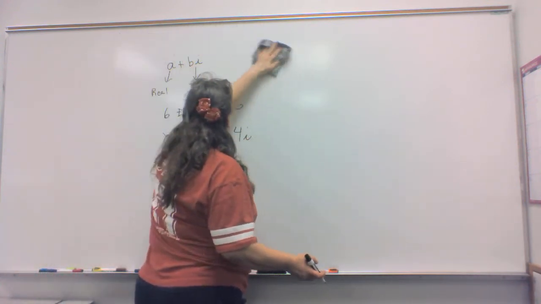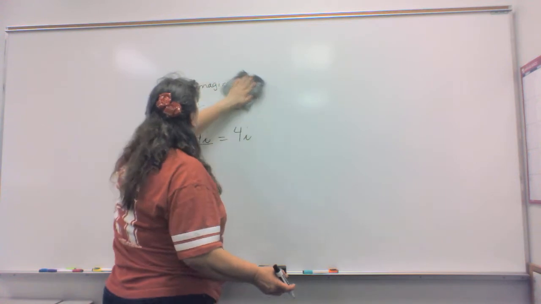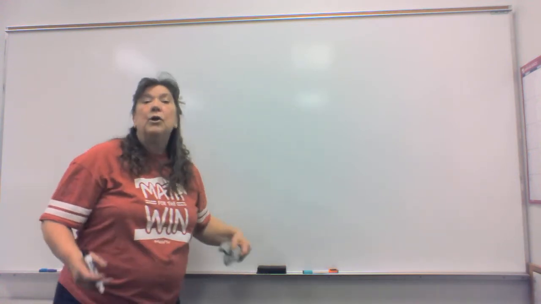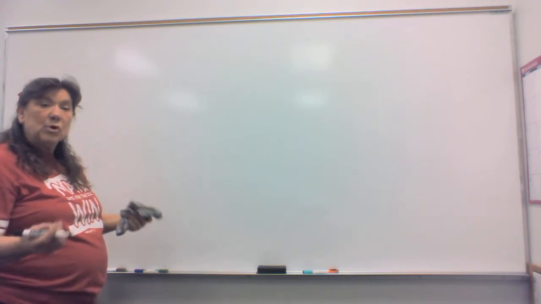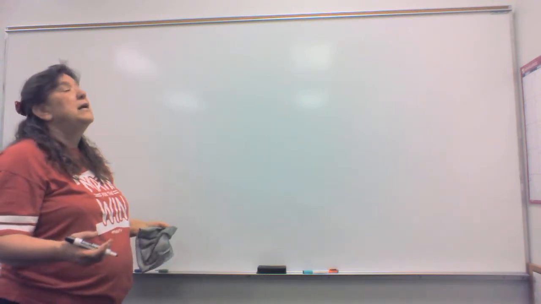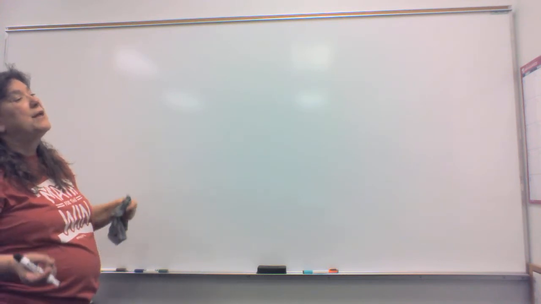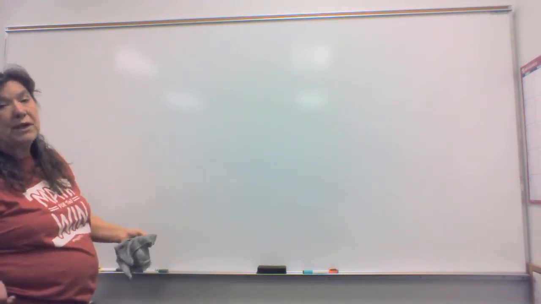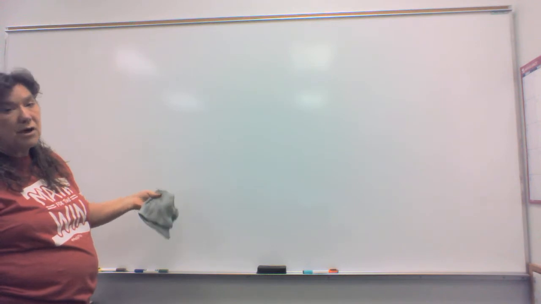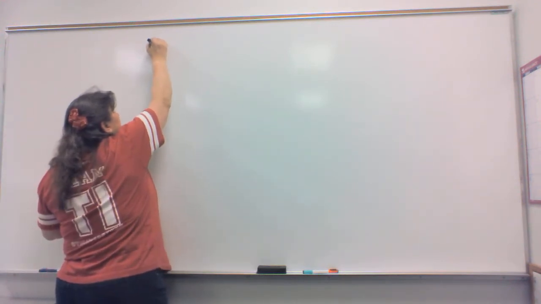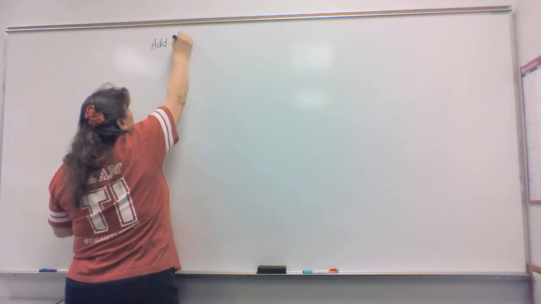So with my complex numbers, you're going to use the same principles that we have been using. You can add and subtract, multiply, and divide these. Today we're going to look at adding and subtracting, and then multiplying with a monomial, but not a complex times a complex. So we're going to look first at adding and subtracting.